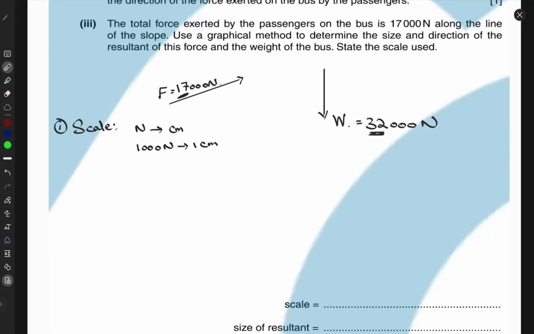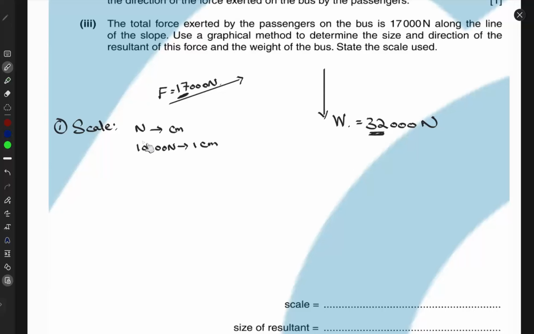So a better scale could be using 10,000 newtons as 1 centimeter. This scale might be better compared to 1000 newtons as 1 centimeter.